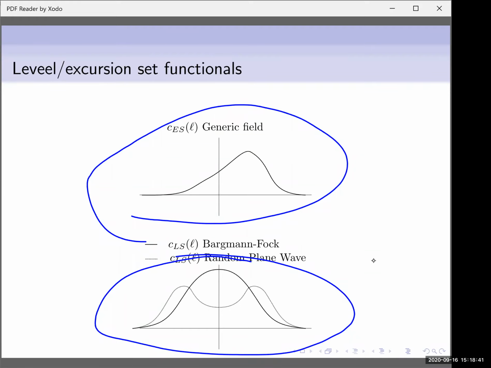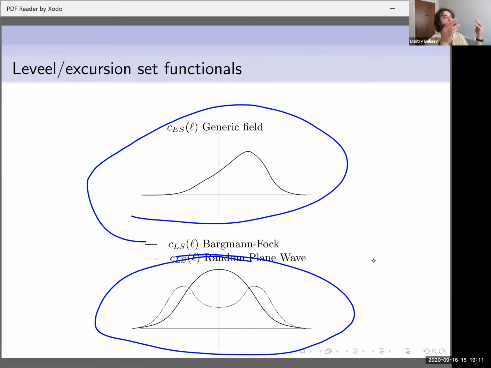Okay. Yes, I see. So basically for high levels, there are very few saddles compared to maxima. So yeah, it's possible to say something. But extremely high levels are usually not very interesting. Interesting things happen at moderate levels.